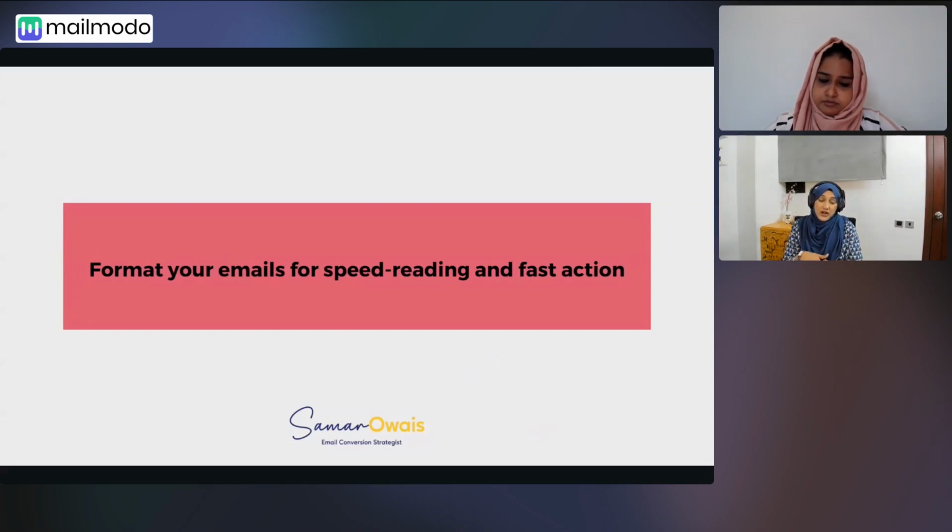One sentence paragraphs are always a great way to break the monotony of email copy. And I also like writing one word sentences, which is a thing of its own. If you're writing long sentences, always break them into shorter ones.